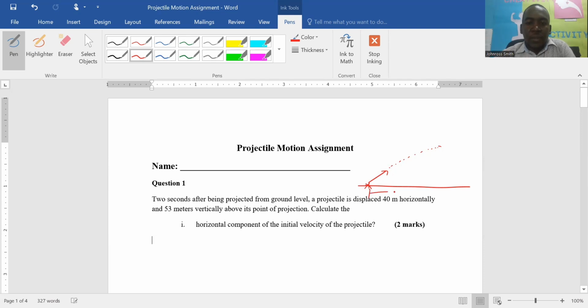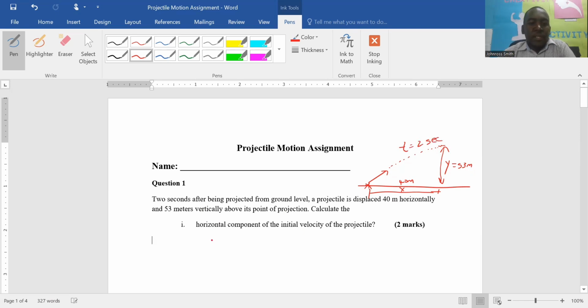Horizontally, it was displaced in an X plane, and vertically it was displaced in a Y plane. So what do we know? Horizontally, it's 40 meters for X, and Y would be 53 meters, and the time it takes to do this was 2 seconds.